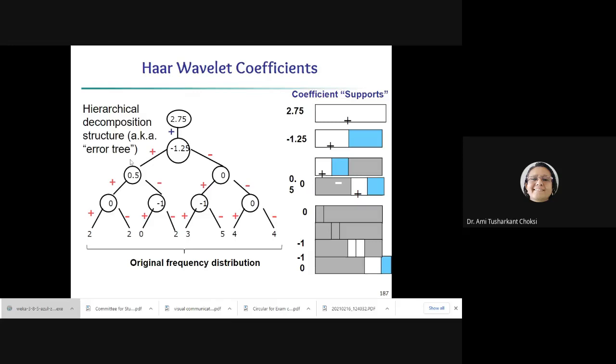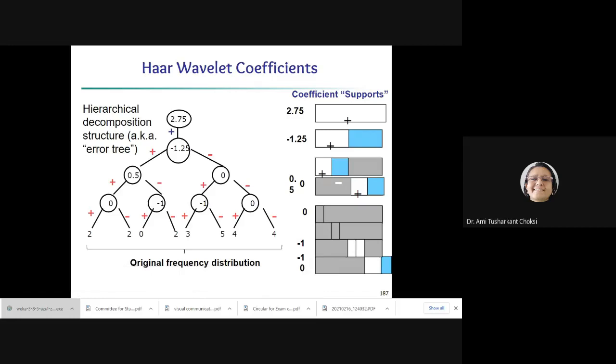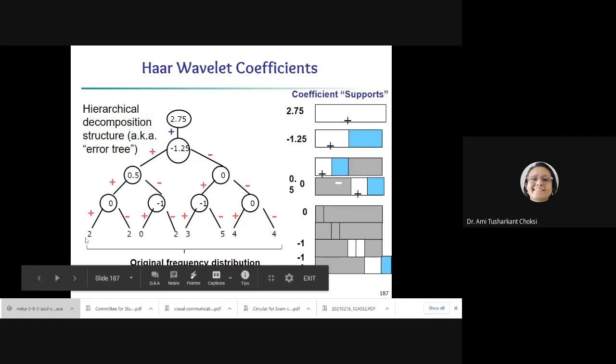So whatever we got, we write here: 2.75, minus 1.25, 0.50, then 0, minus 1, minus 1, 0. For each and every level, we draw the tree and write the values.